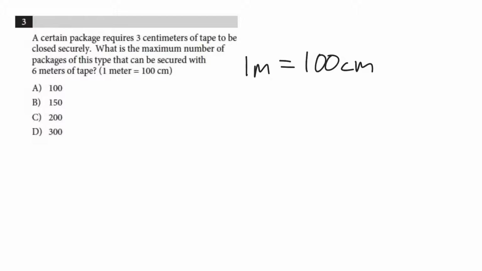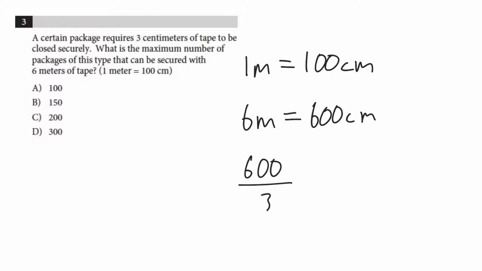So then if we have 6 meters, well, that's going to be 600 centimeters. And we know we need 3 centimeters of tape, so we're going to divide 600 by 3. 6 divided by 3 is 2, and then we have 0, 0. So 200 packages can be secured.